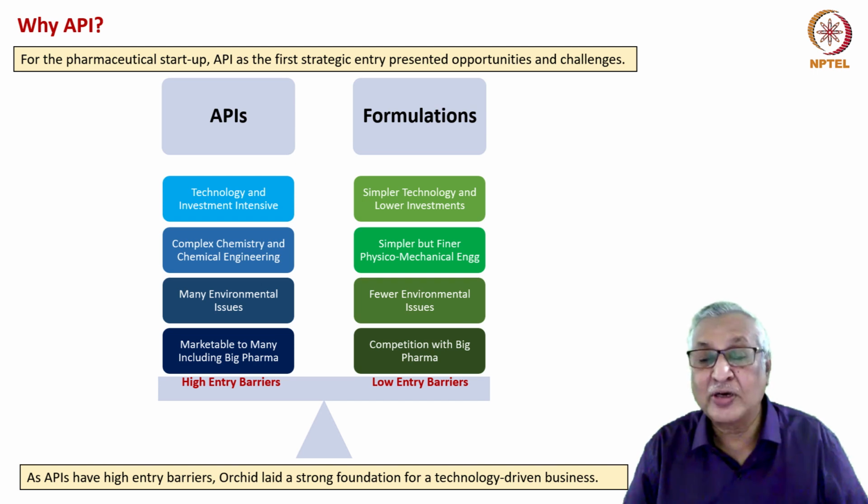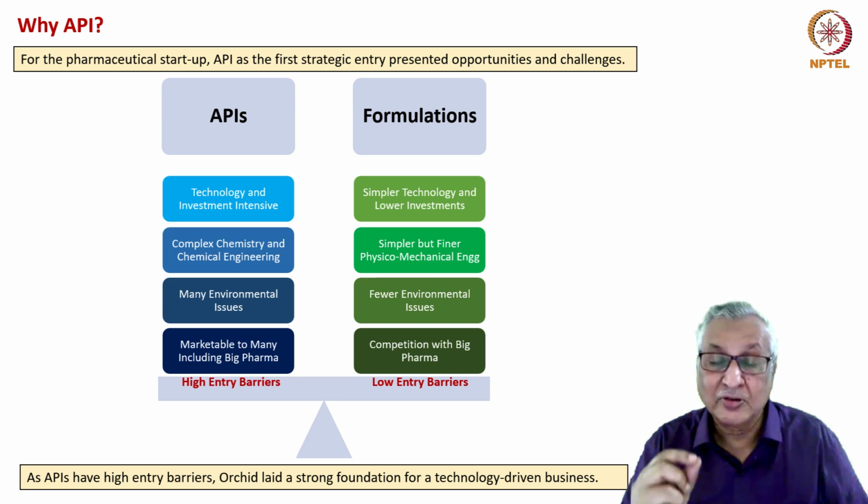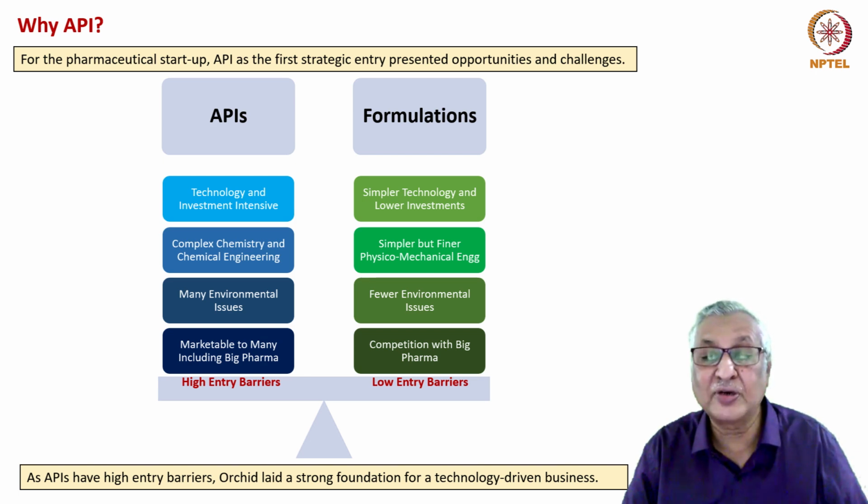In respect of the formulations, the technology is simpler, investments are lower. The manufacturing process itself is simpler but finer. Simple but complex, a more oxymoron you may think, but the particle size, which is derived through physical and mechanical properties, is so important for the success of the formulation that what is seen to be a simple process will always be complex in formulations.